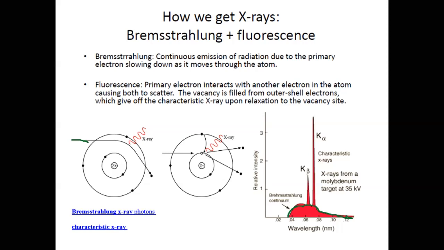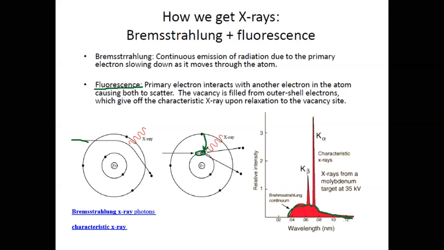The other one is fluorescence, and this is what we're interested in. So you have an incoming high-speed electron. It hits an electron in one of the energy levels of our metal target. It ejects that electron, and then an electron from a higher energy level occupies that lower energy level, emitting an X-ray from it.